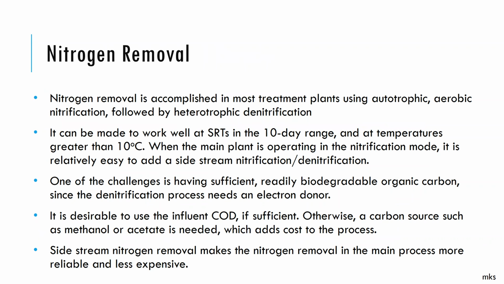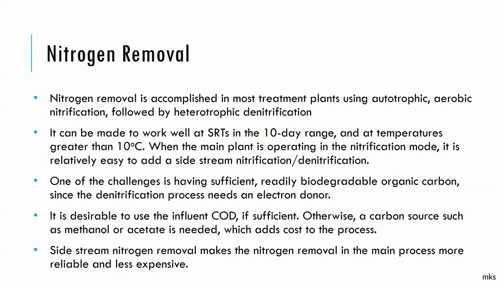It's accomplished in most treatment plants using autotrophic aerobic nitrification, followed by heterotrophic denitrification. It can be made to work well at SRTs in the 10-day range and at temperatures greater than 10 degrees C. And when the main plant is operating in the nitrification mode, it is easy to add a side stream treatment to enhance that.